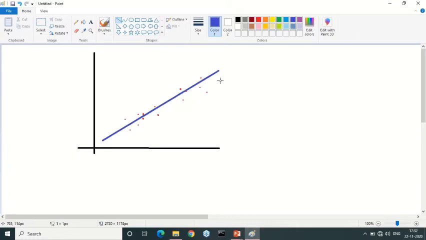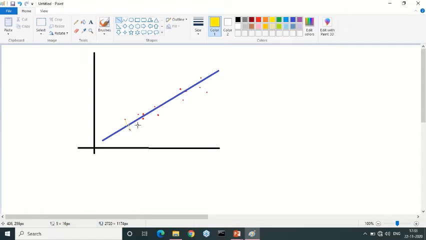The regression line will try to go through the values very closely. To find the error, this perpendicular difference between the original data and the predicted data is known as the error.